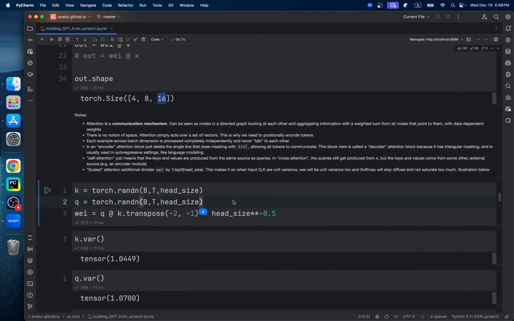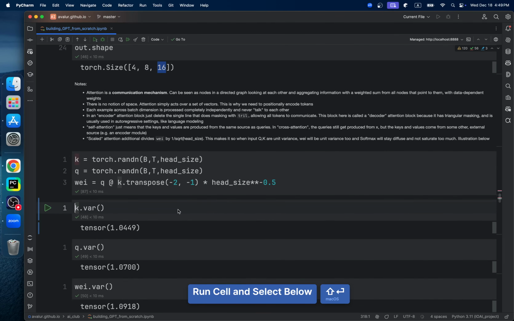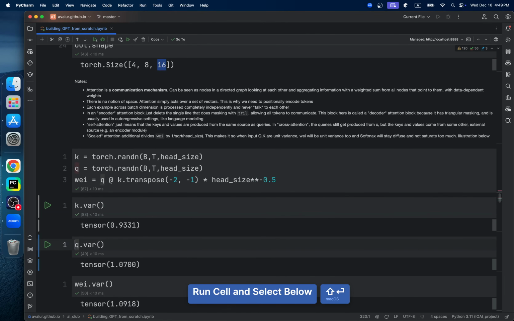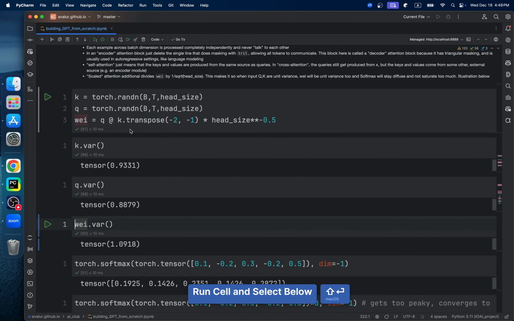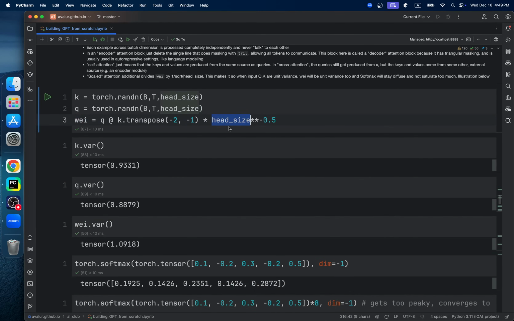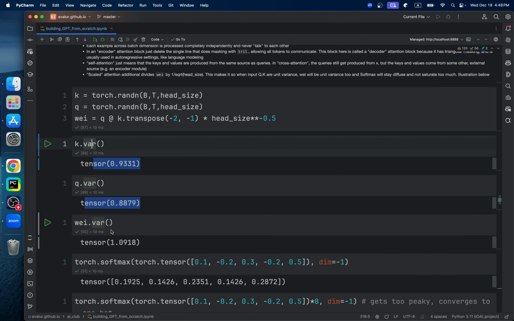If we divide the result by the square root of head size, then if the variance of k is about 1 and the variance of q is about 1, the variance of the resultant matrix will again be near 1.